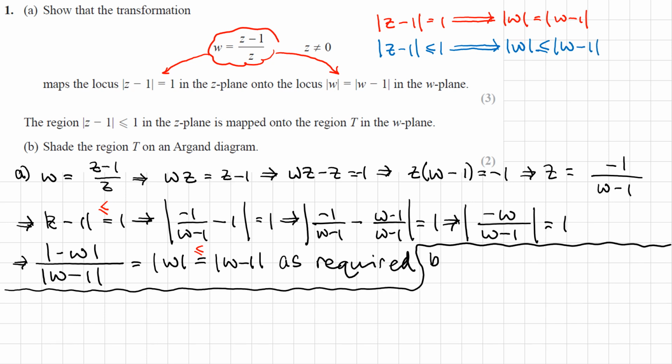Okay, so let's draw the axes for our Argand diagram. So we've got real and imaginary. Now when you get this type of region or loci, then it's going to be the perpendicular bisector between 2 points, and those 2 points are going to be 0 and plus 1.